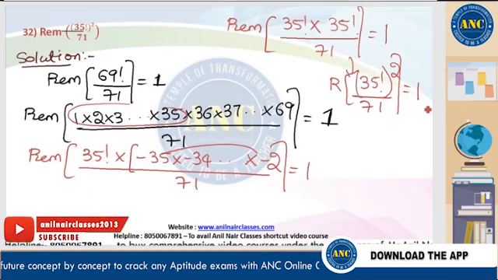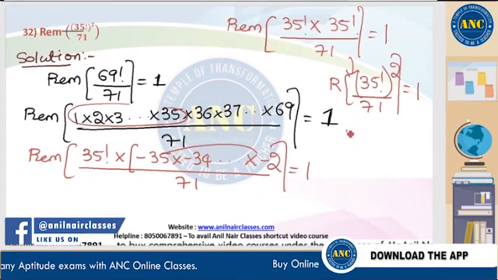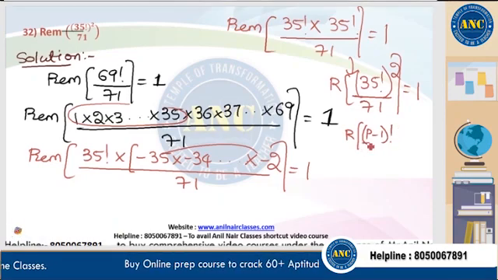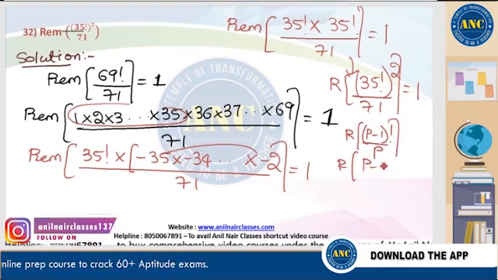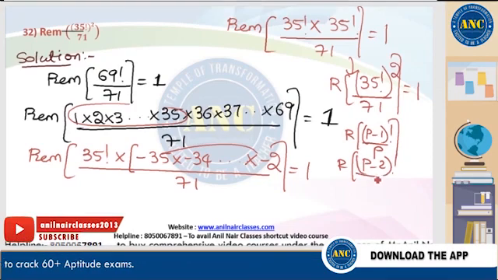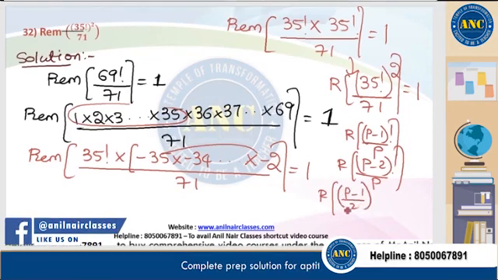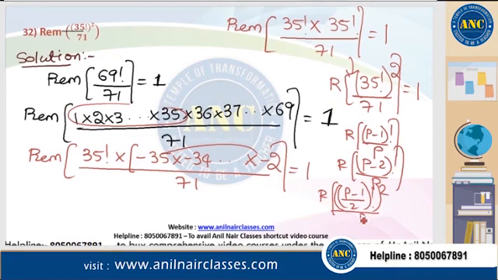I hope the idea is clear, right? So just let me do a recap. We did first p minus 1 factorial by p, then we did p minus 2 factorial by p, then, if you observe, this pattern is p minus 1 by 2 factorial whole square when divided by p. Am I right?